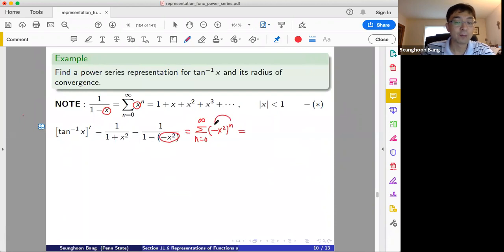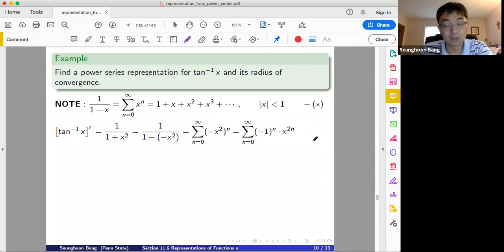Distribute the power n to the minus 1 and the x squared: the summation from n equal 0 to infinity of minus 1 to the power n, x to the power 2n. Is that right? So we have this one.